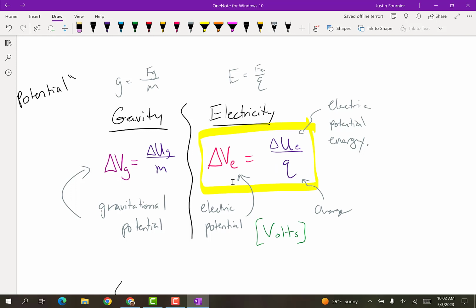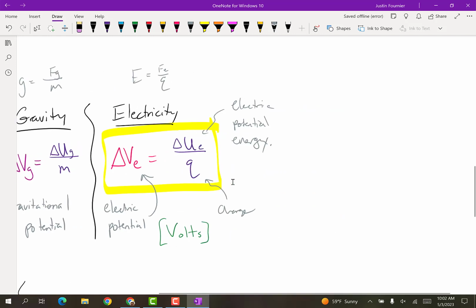So yeah, and we can use our equation for a point charge of electric potential energy that we did before. So we said a point charge of electric potential energy is Q1, let's say a source charge, times Q, the object.